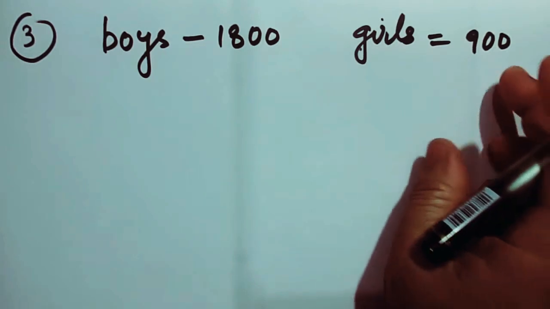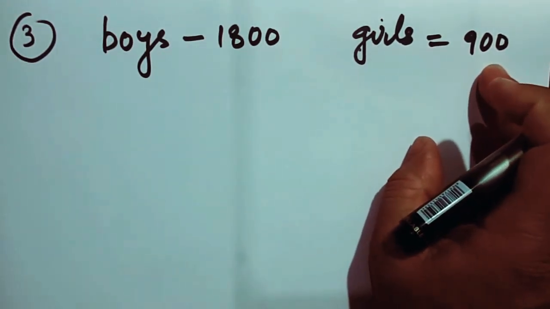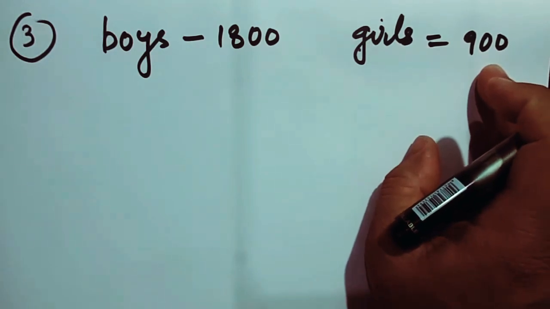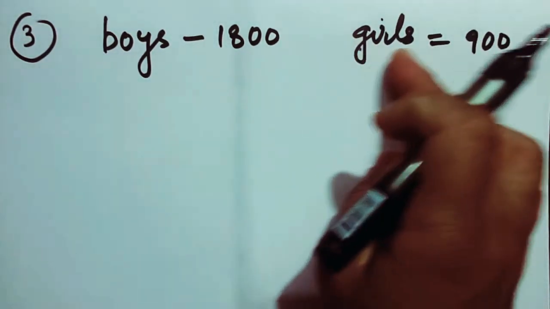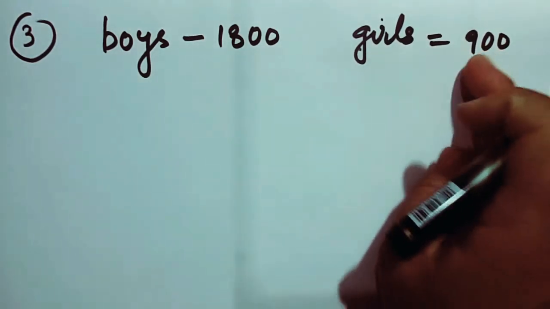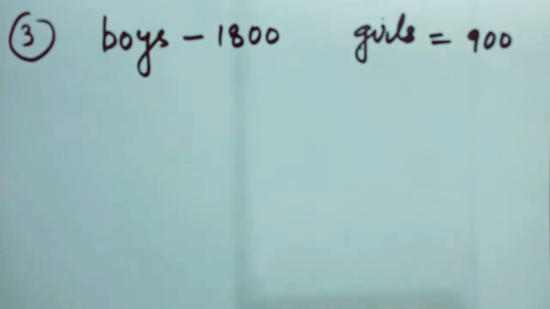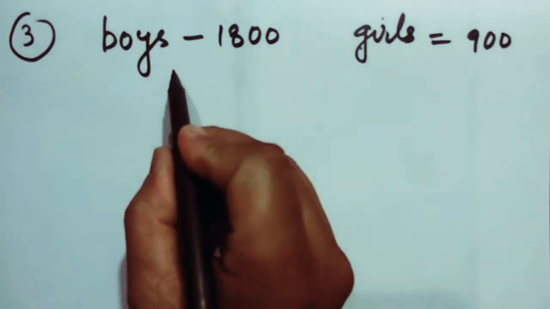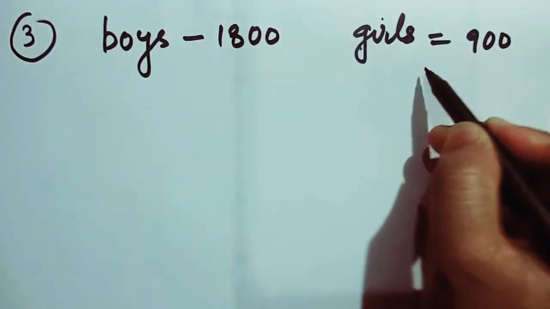Therefore, when they are talking about a class or students, this means both boys and girls are included. Now, they say that 42% of the boys and 30% of the girls have passed.